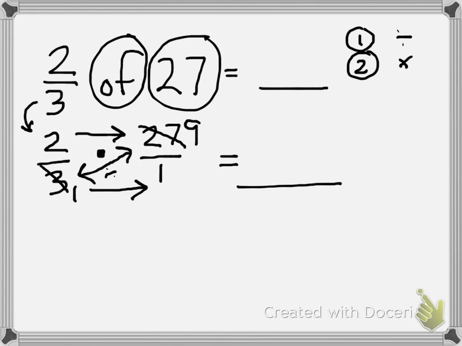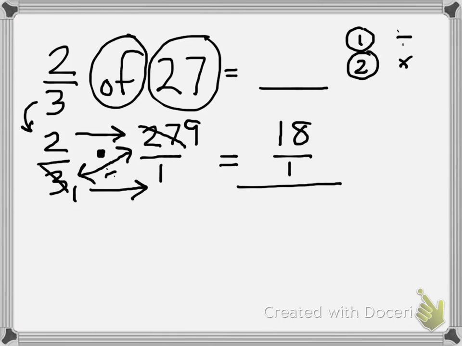So, let's do the denominators first. Of course, denominators are on the bottom. We see there is a 1 and a 1. 1 times 1 is 1. And on the top with the numerators, we see 2 times 9, which is 18.